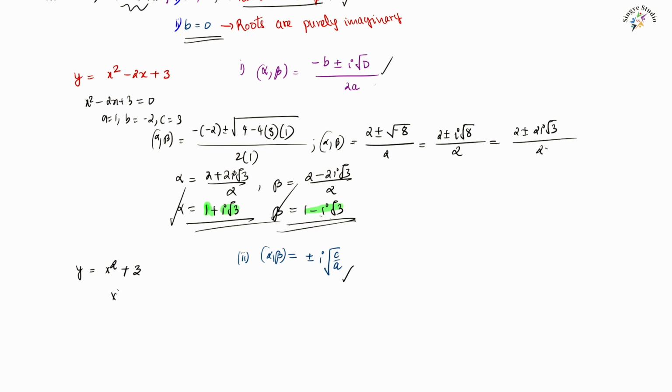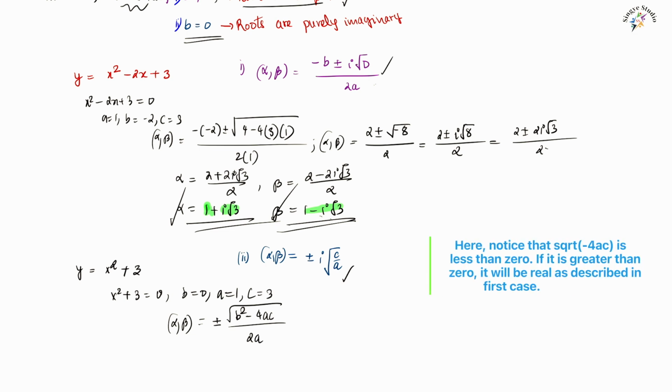We have x squared plus 3 equals 0, and here b equals 0, a equals 1 and c equals 3. So our roots alpha beta will be negative b plus or minus, and b is 0, so what I will write is plus or minus directly root of b squared minus 4ac upon 2a.